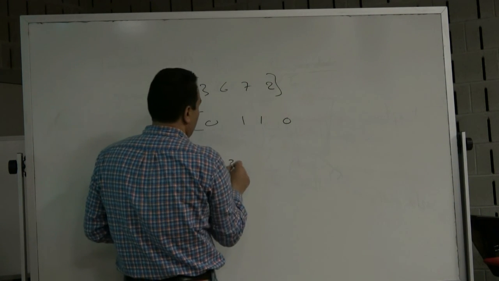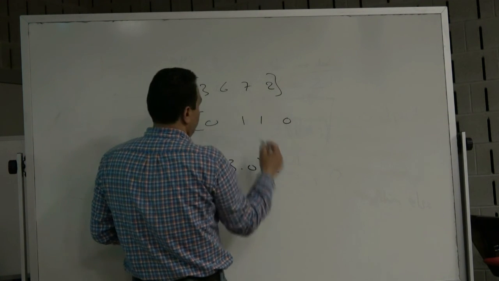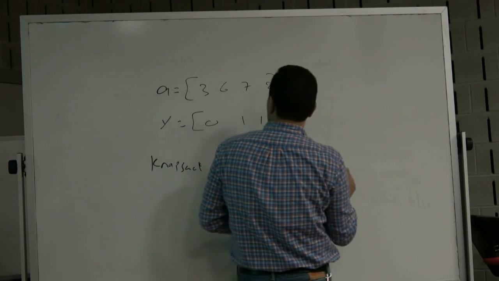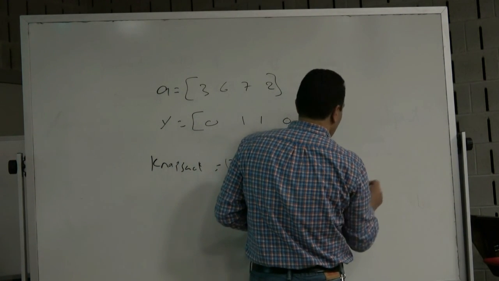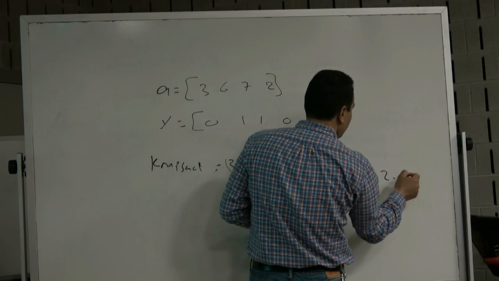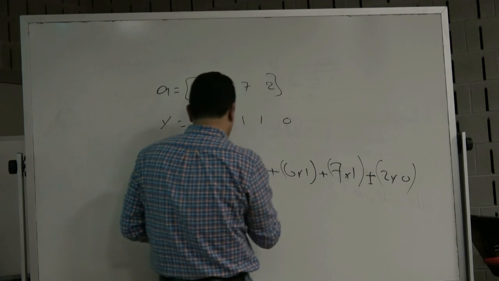3 times 0 plus 6 times 1 plus 7 times 1 plus 2 times 0. Let's write it like that to make it clearer.